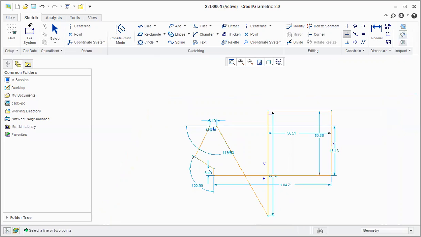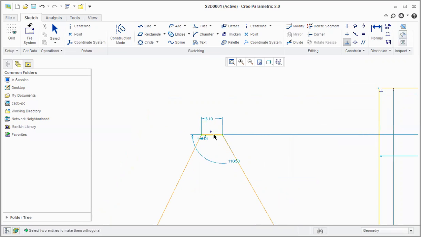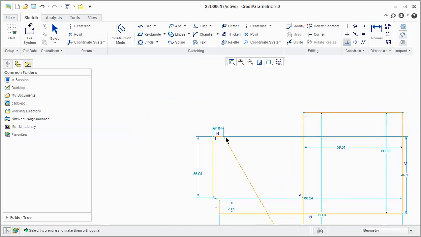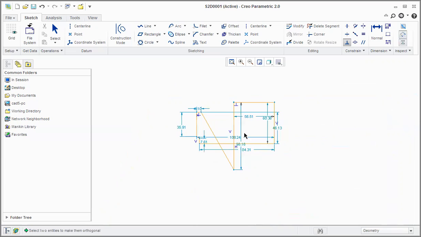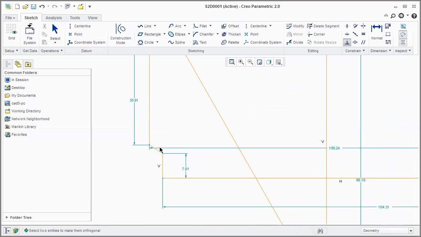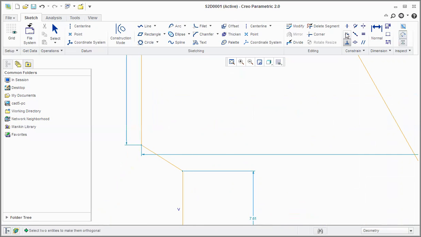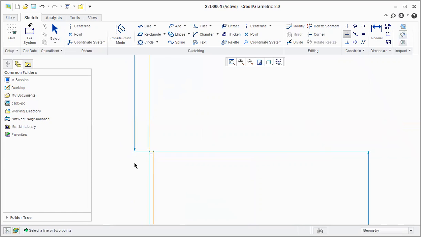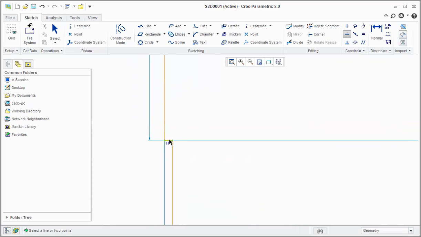At that time we have to use this perpendicular constraint. Just click on the perpendicular constraint, then click on the first line and the second line, so the lines will become perpendicular to each other. Again, suppose this one is not horizontal. By clicking on the horizontal constraint, we can draw this line in a horizontal way. Let's see, this is horizontal.